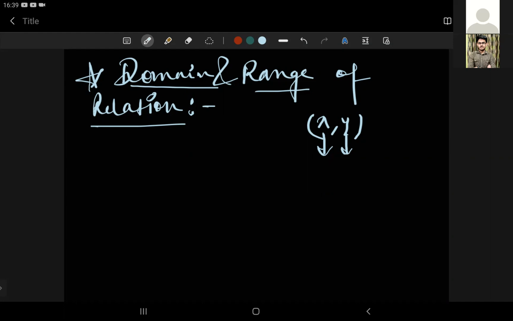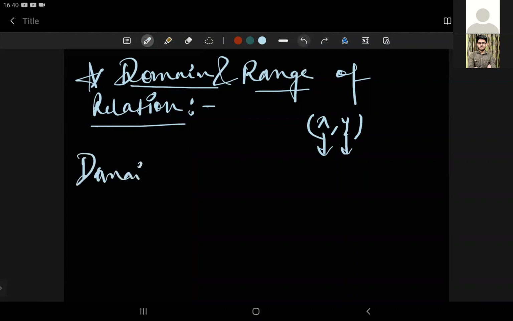Then x will be a part of the domain, and y will be a part of the range, right? Okay. So let's not go into the formal definition. We can tackle it informally over here.